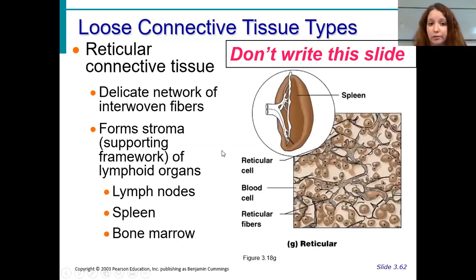Reticular connective tissue. We're showing you the spleen right here. It forms a supporting framework for lymph node organs. So lymph nodes, spleen, and bone marrow. It is a delicate network of interwoven fibers. And so you have those very, very thin reticular fibers running through here.